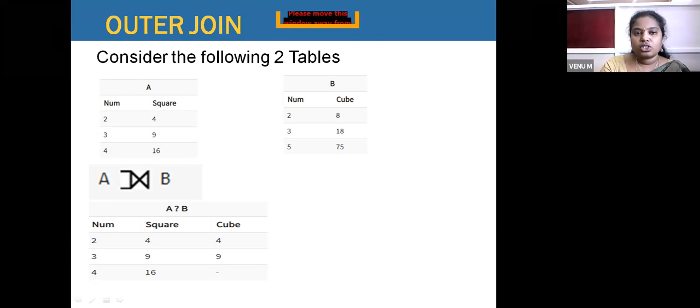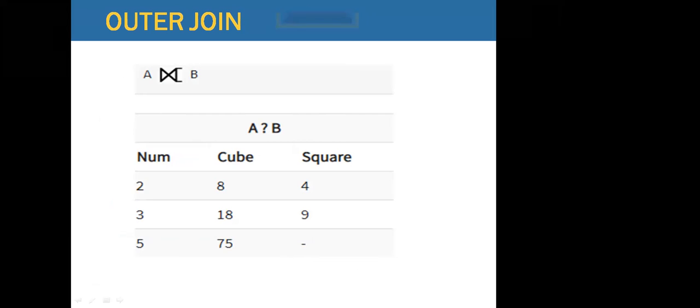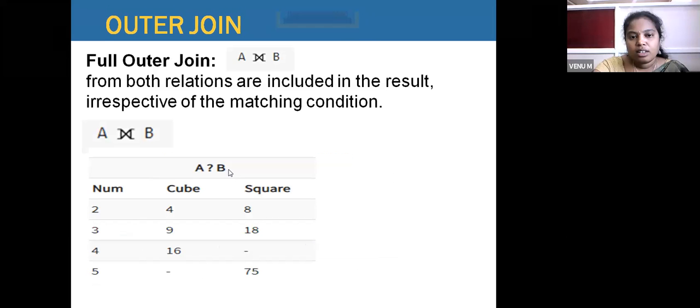In the same manner, for right outer join, we display all the tuples on the right side, and for the non-matching tuples we put null values on the left. Full outer join means we display all the tuples. We combine both tables and display them here. Why do we put null values here, and why here? Observe that left outer join and right outer join together make the full outer join.